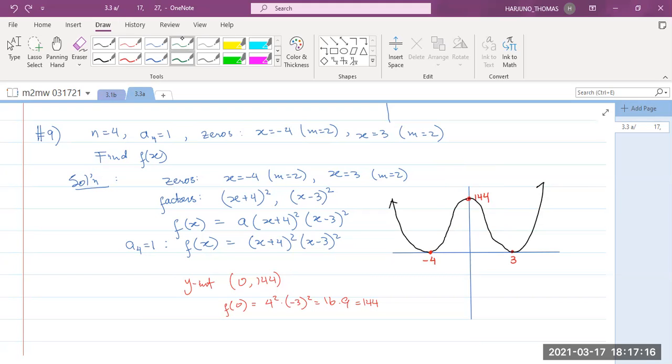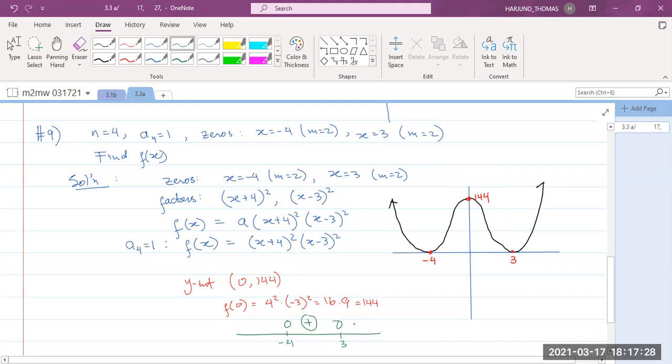Now, if you want to see more detail, you can do the sine graph, right? -4 and 3. This is positive, like the y-intercept is positive. And all the critical numbers are even multiplicity. So this function is always greater or equal to 0.